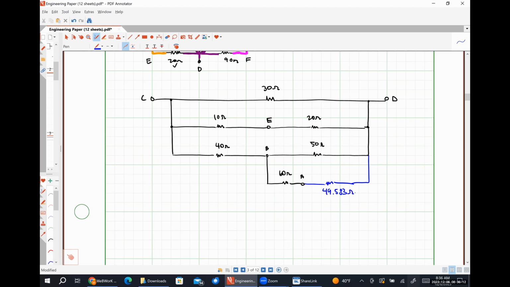That is very obviously in series with the 60. So combining them, I get 109.583.